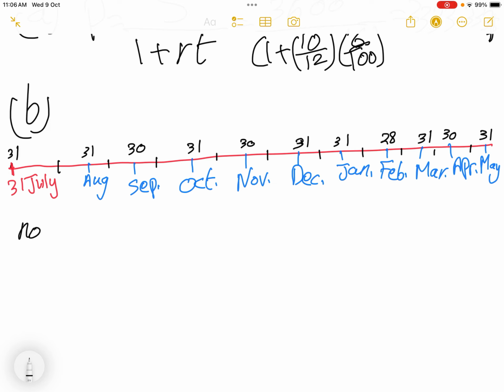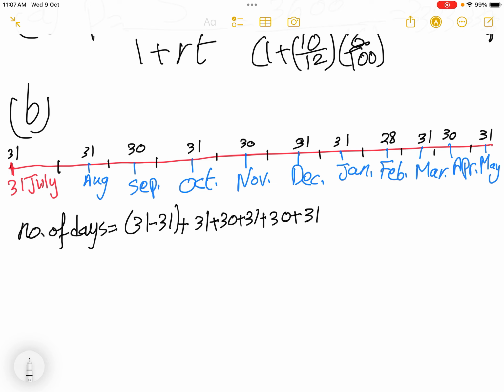Number of days equal: here 31 and 31, 31 minus 31 will be 0, plus 31 plus 30 plus 31 plus 30 plus 31 plus 31 plus 28 plus 31 plus 30 plus 31.